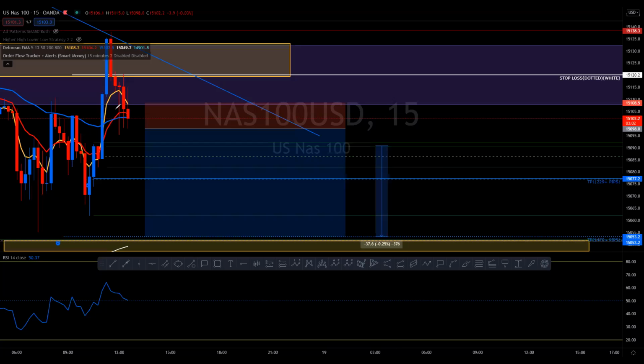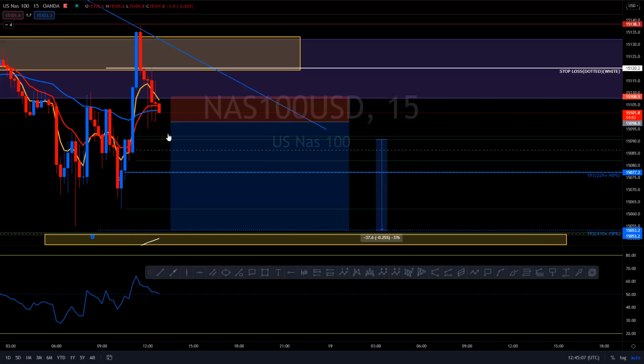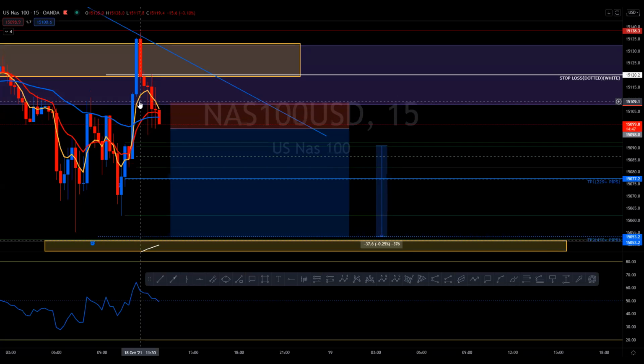Looks like the EMAs are getting closer, possibly. So we'll definitely know for sure with the next candle if we're heading that direction. We've got 2 minutes left. Next candle just closed. So the EMAs are getting closer.